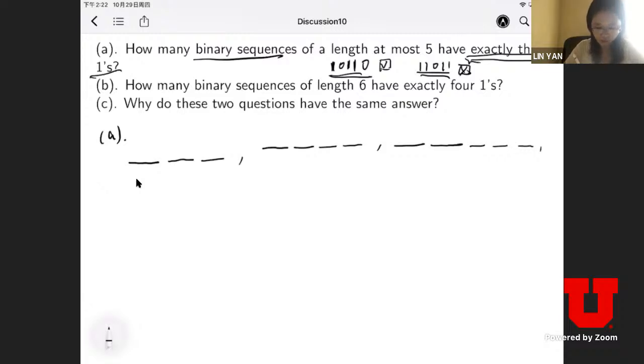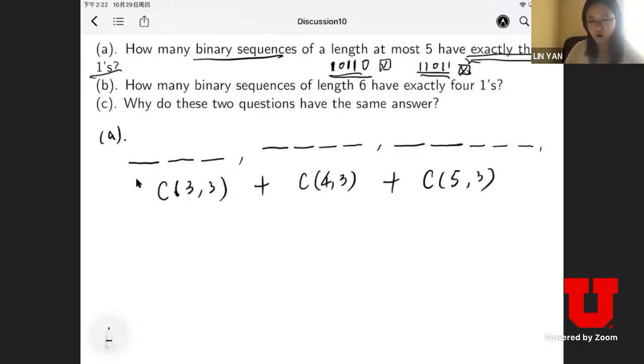So for the length 3 sequence, we have 3 positions to put 3 ones in. So it is 3 choose 3, and this is 4 choose 3 and 5 choose 3. So the total number is the sum of 3 of them, and it is equal to 1 plus 4 plus 10. It is 15. All right.